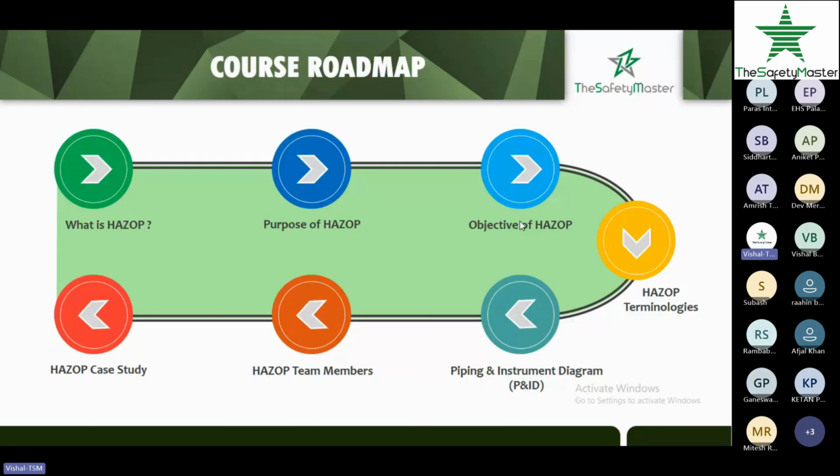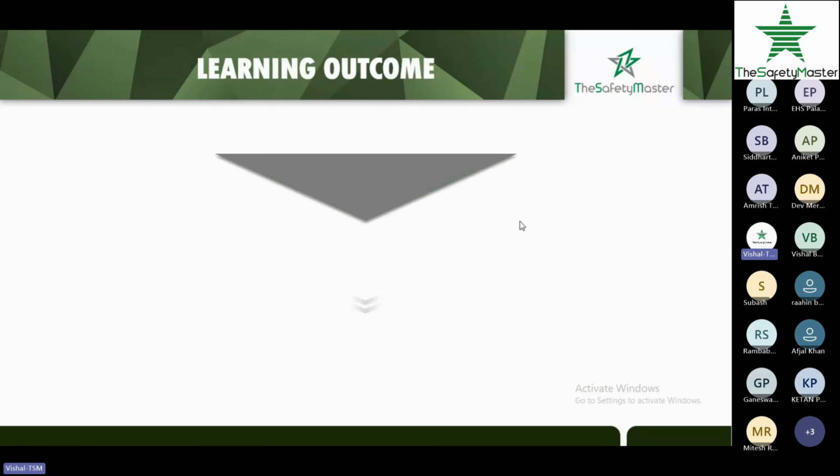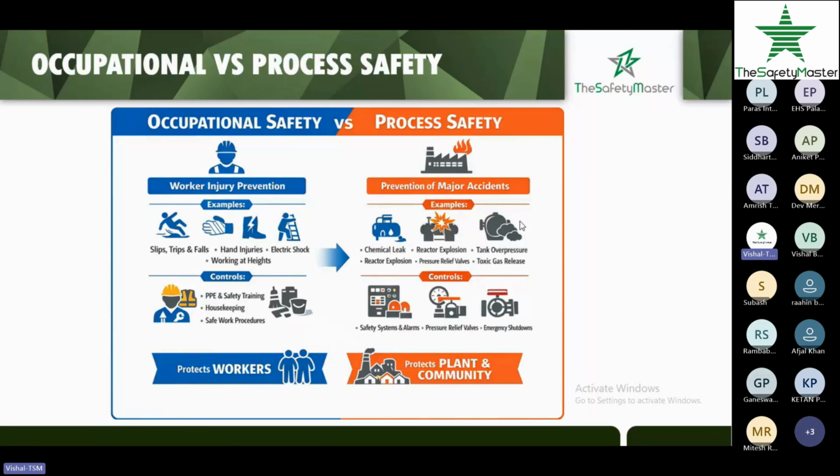Before we start, there is a very important thing to know about Hazop. Hazop study is a process safety tool. When we talk about process safety, we also have to discuss occupational safety, because process safety focuses on the hazards or risks involved in a process, whereas occupational safety focuses on an individual basis.